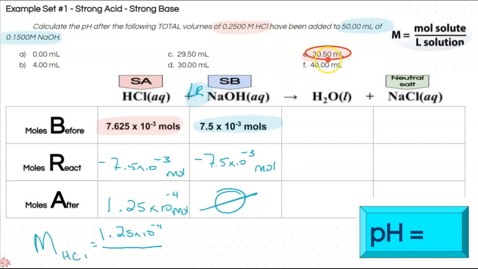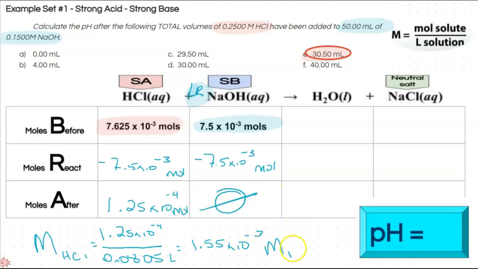So that's 80.5 milliliters. Written as liters, that's 0.0805 liters, which gives me a new hydrochloric acid concentration of 1.55 times 10 to the negative third molarity.